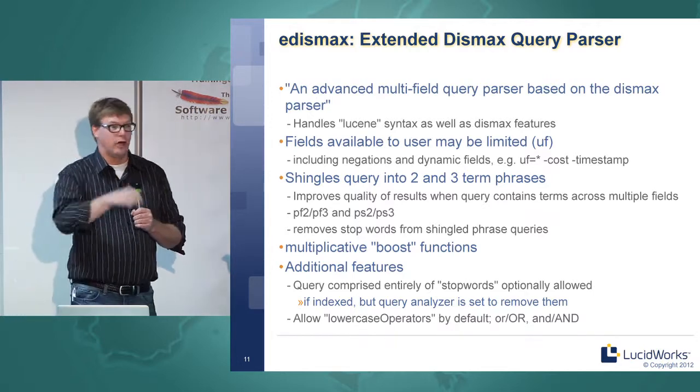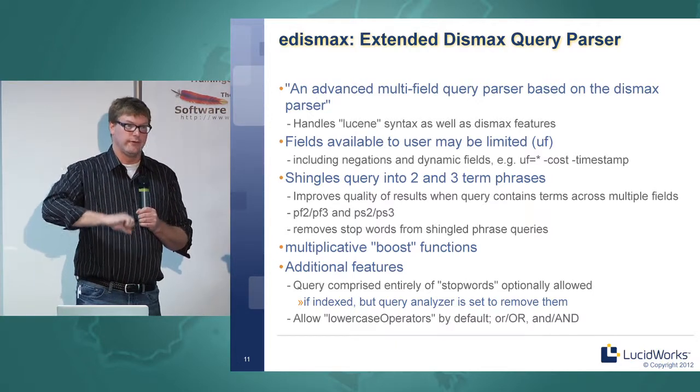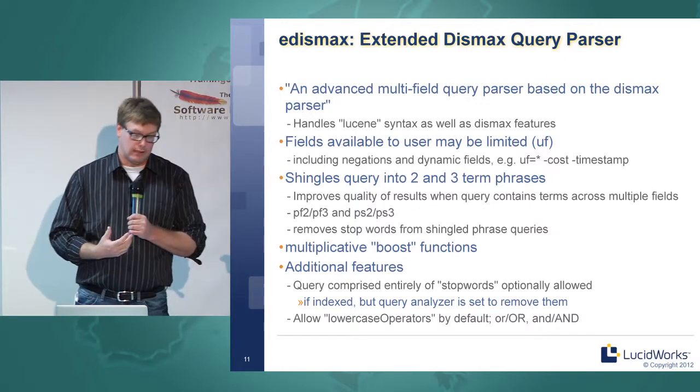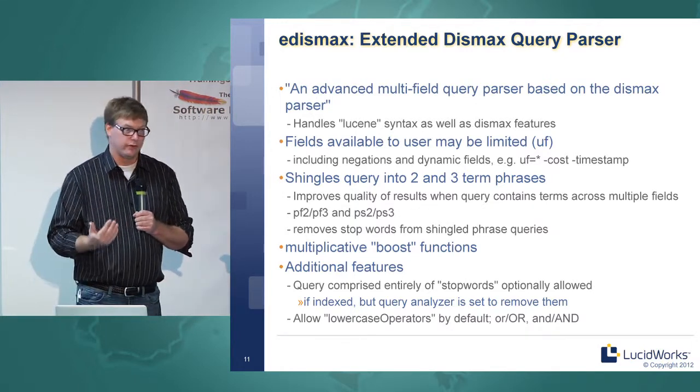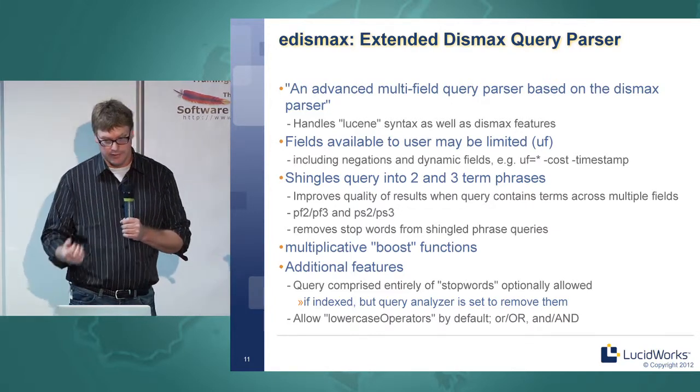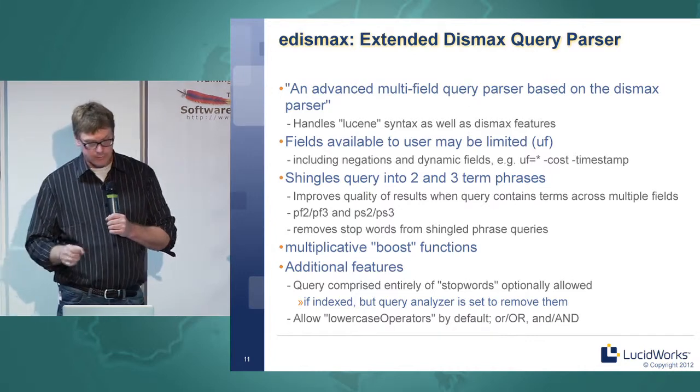So if you have your profit margin as a field and you're using that for boosting, they could perhaps query on that. So you can actually restrict the fields that can be queried with the Lucene syntax with this. This is a very nice trick.